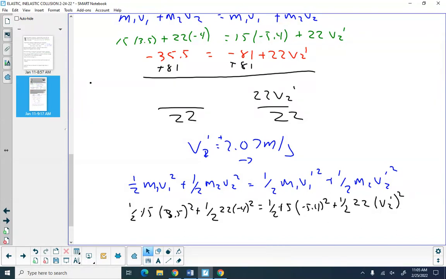If we go through the calculations with our kinetic energies, we should come down to the exact same velocities.